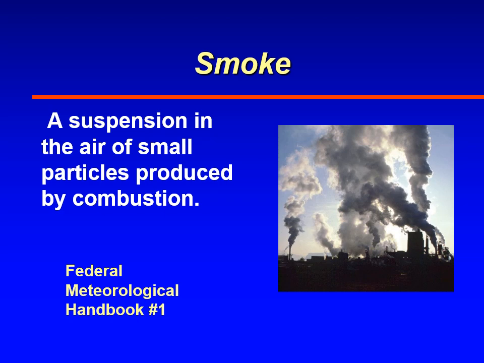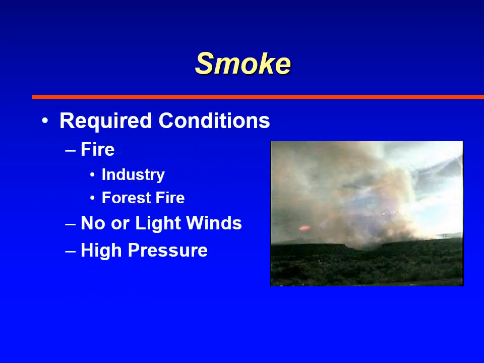Another phenomenon that will reduce your visibility is smoke. By definition, it's the suspension in the air of small particles produced by combustion. And of course, where there's smoke, there's fire. Fire can be produced by industry, in other words pollution, basically large chemical factories in industrialized areas, or forest fires.